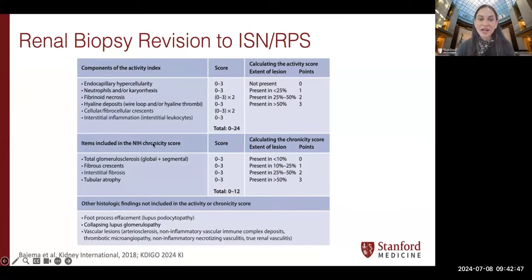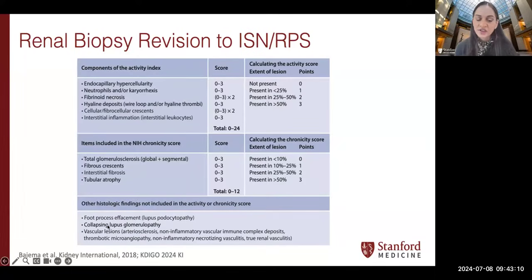I can compare biopsies. Some of my patients, unfortunately, will relapse during their time. And so it's really helpful for me to compare and say, okay, last time they had this much activity, before they had 0 chronicity. Unfortunately, now they have a score of 3 or 5 on chronicity, and that can be really helpful.